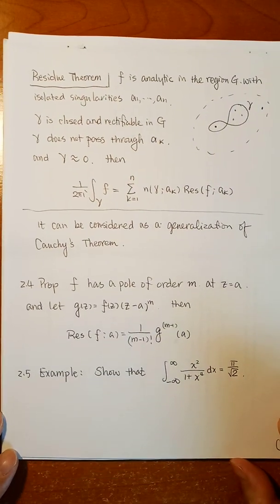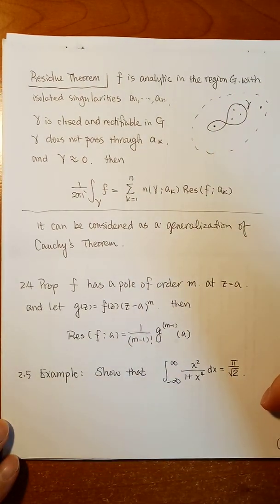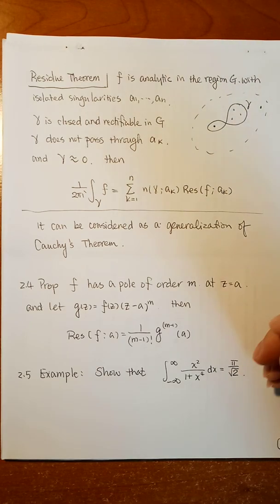The first example is the integral from negative infinity to positive infinity of x squared over 1 plus x to the 4 dx, which is equal to pi over root 2. We're trying to compute this real integral based on the residue theorem.